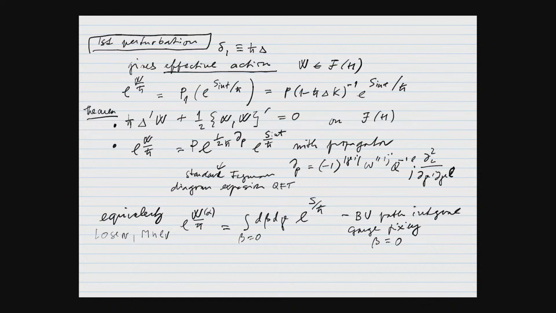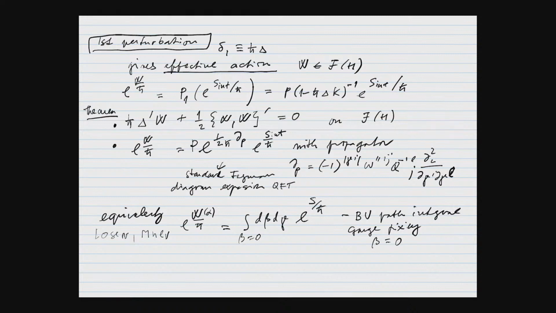Or actually, if you are in this kind of finite dimensional case, as I am, what you have here are finite dimensional integrals, and you can compute them explicitly. So you just take your action, which is the sum of the free one and of the interaction, fix the gauge, put betas, these are actually the trivial fields, to 0, and just compute your integrals, and you obtain the same W bar.